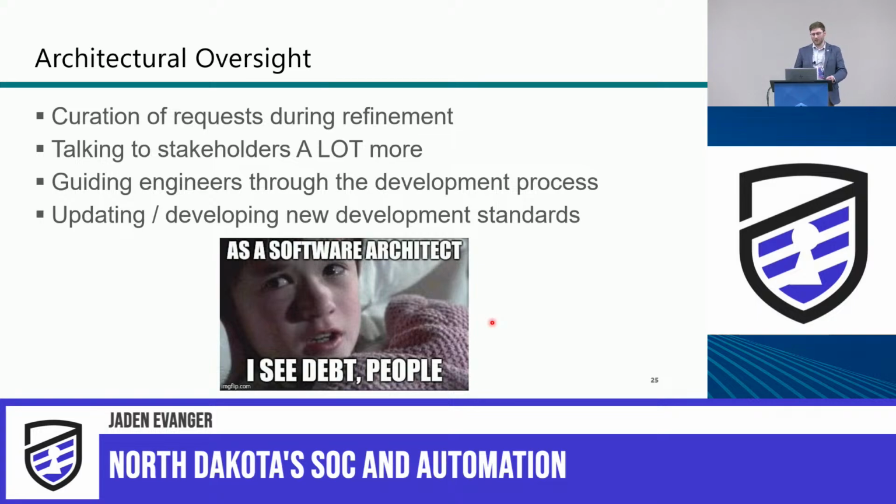So that from an architectural perspective is something we're really interested in getting better at, and we certainly have. And then guiding our engineers through the development process, being that mentor. And then of course developing new standards for the developers to follow to make more reliable software and automation for our team. And just trying to decrease technical debt as we go.